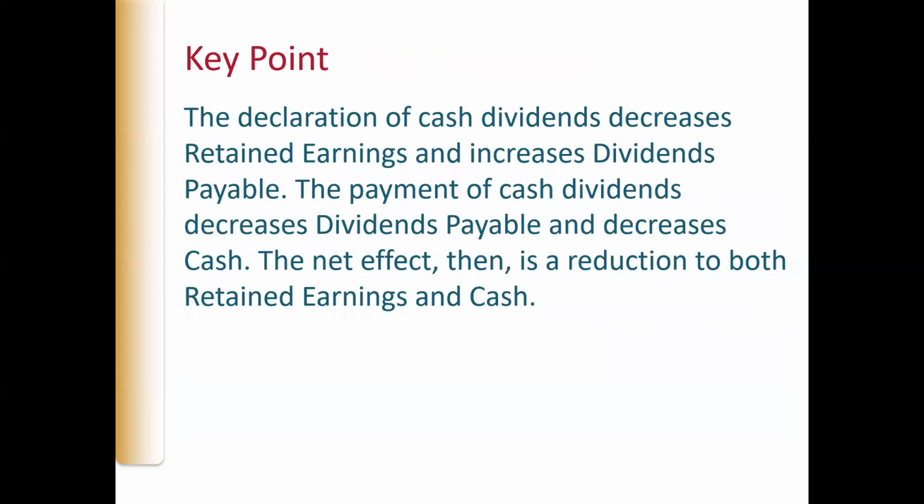Know that the declaration of cash dividends decreases retained earnings and increases dividends payable. The payment of cash dividends decreases dividends payable and decreases cash. Ultimately, there's a reduction to retained earnings and a reduction to cash.